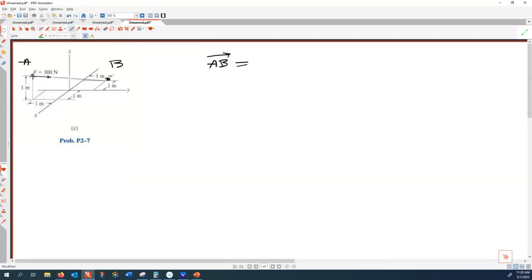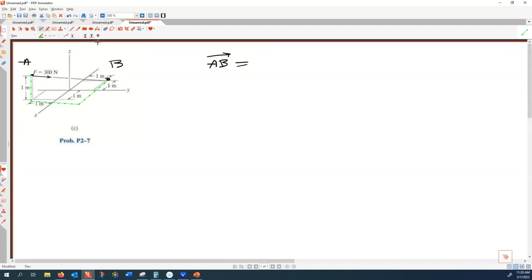And for that, you can go 1 meter negative z, and then you can go 2 meters along the positive y, and then minus 2 meters in x.